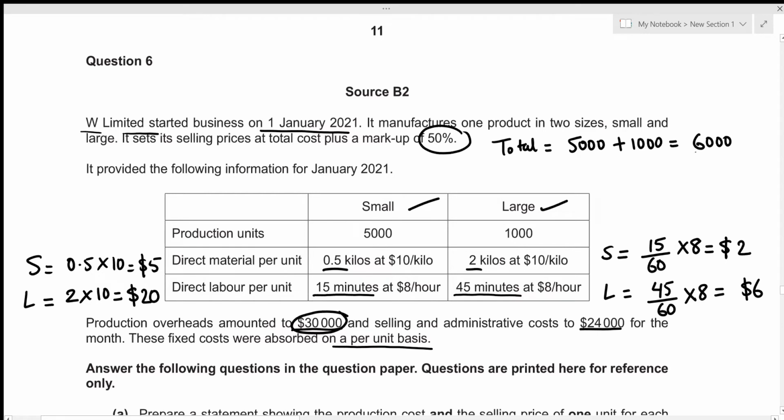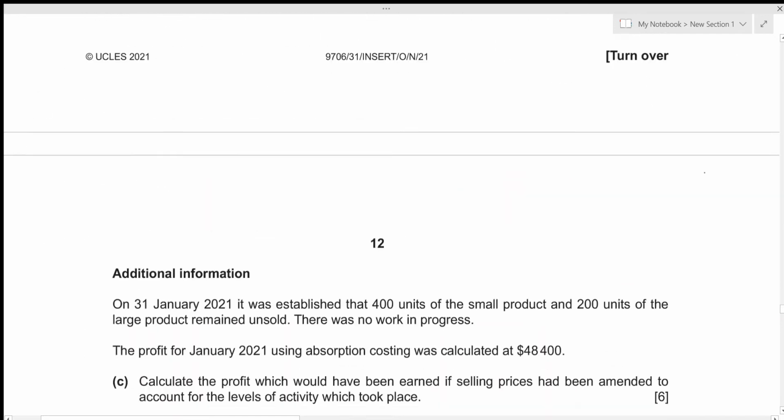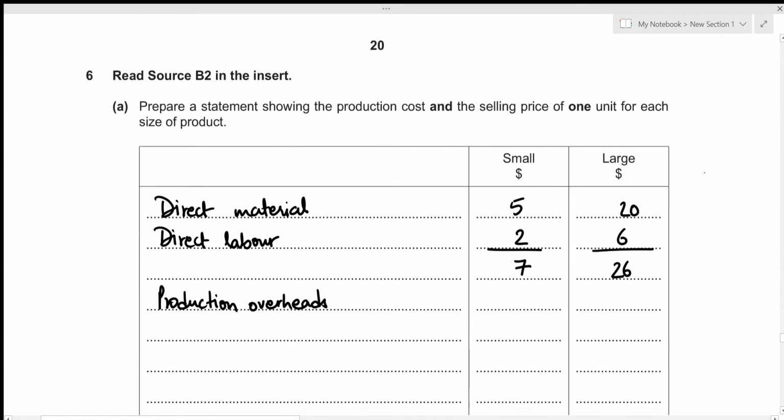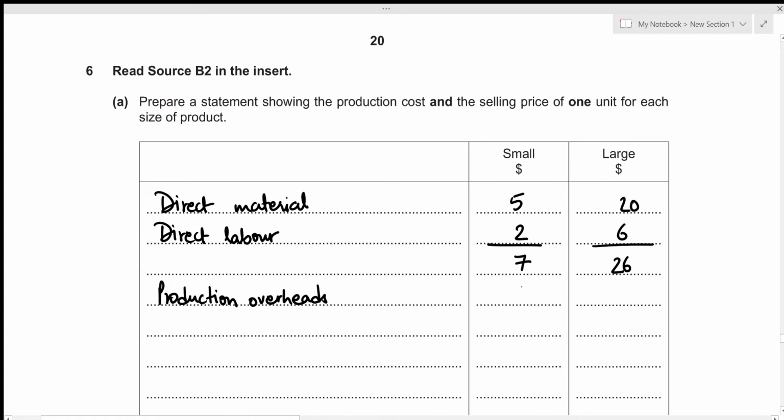Now we just have to divide our production overheads of 30,000 among these 6,000 units. So the per unit production overhead is just going to be 30,000 divided by 6,000, which is $5. Let's enter this into our production cost statement. So that's going to be $5 for small and $5 for large.